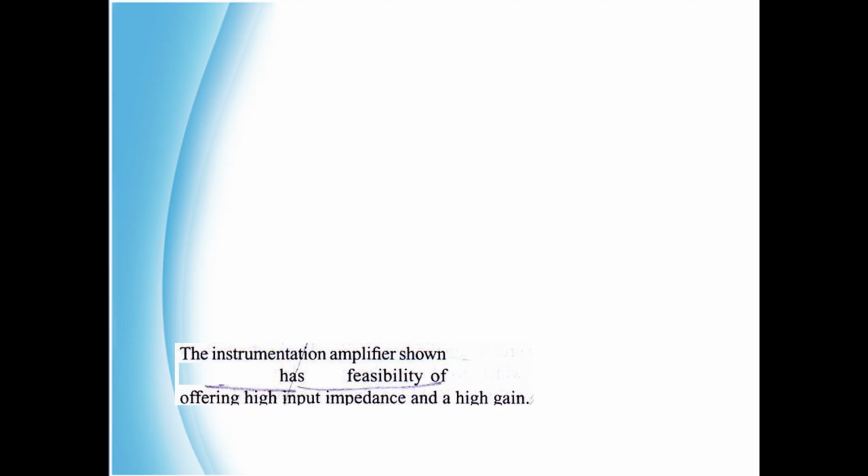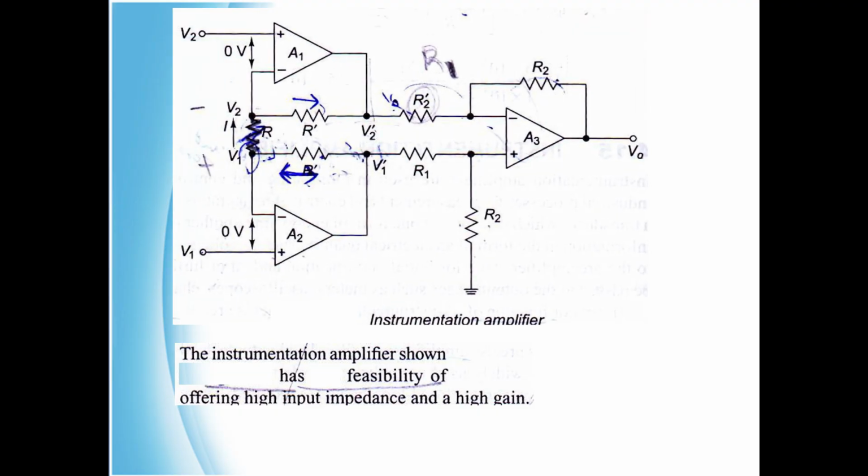The instrumentation amplifier shown has the feasibility of offering high input impedance and a high gain. So this is the circuit diagram of an instrumentation amplifier which we have just now discussed.